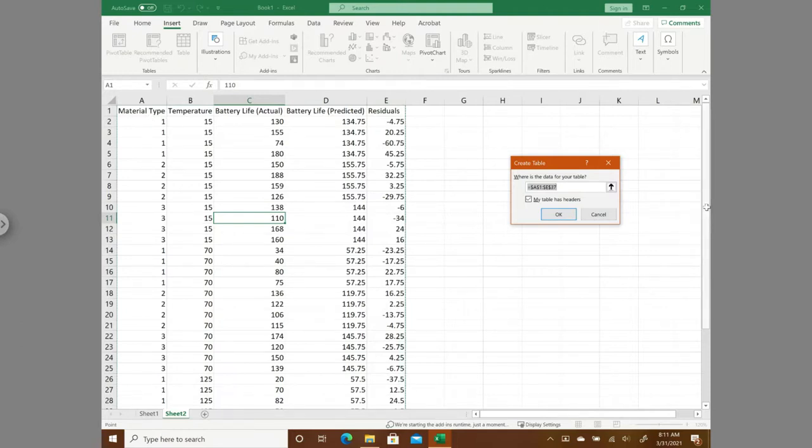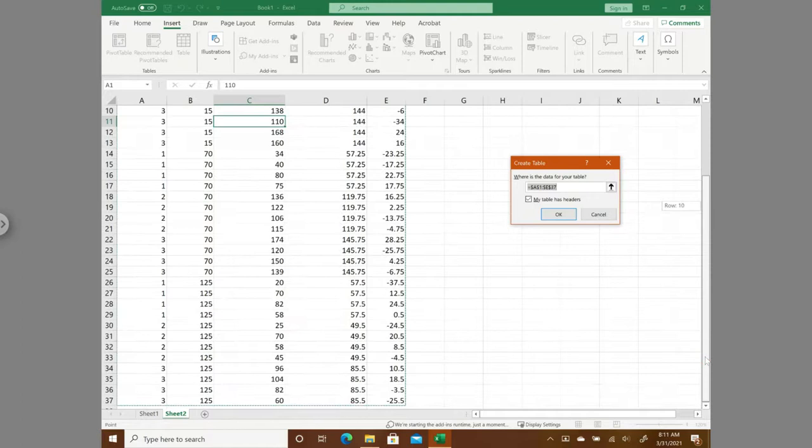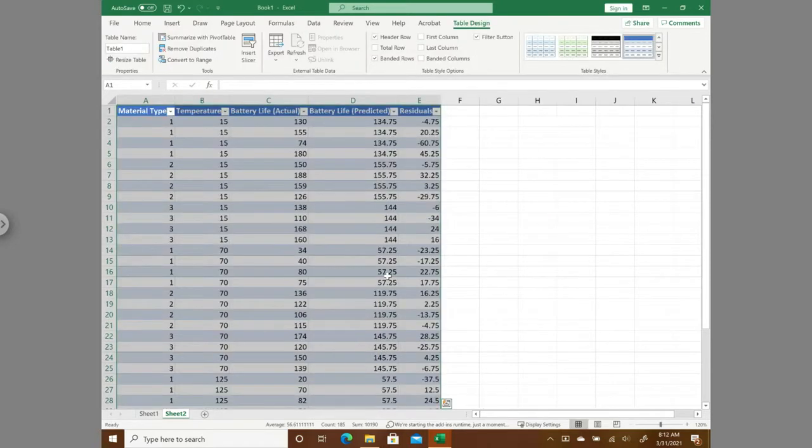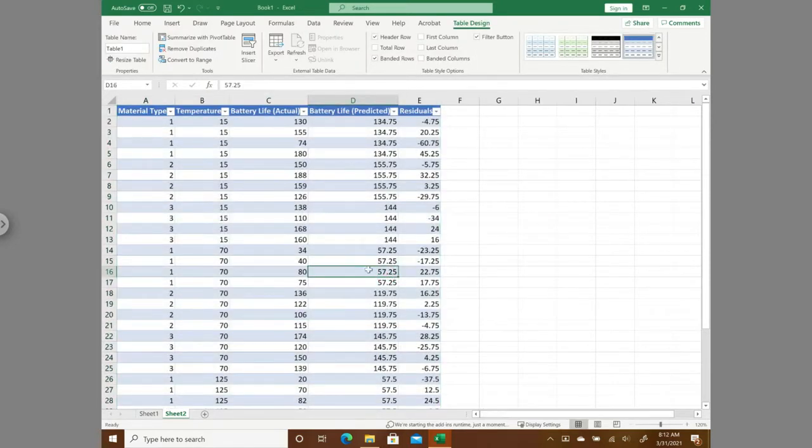You just have to make sure that what Excel has selected is appropriate. Yes, it does look good, right? My table has headers. Yes, the column captions box is checked, and okay. So now this data is converted into Excel table format, which will help us to sort or filter things as needed.